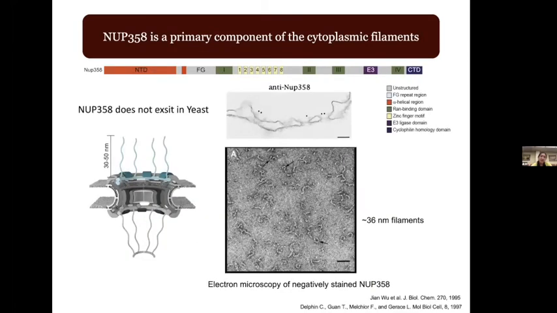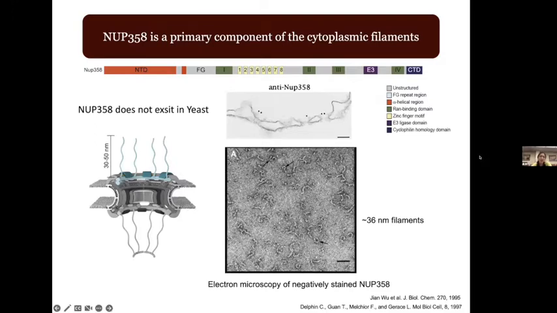Besides these eight conserved nuclear pore proteins, there is another one called 358. It is one of the largest nuclear pore proteins in the nuclear pore complex.